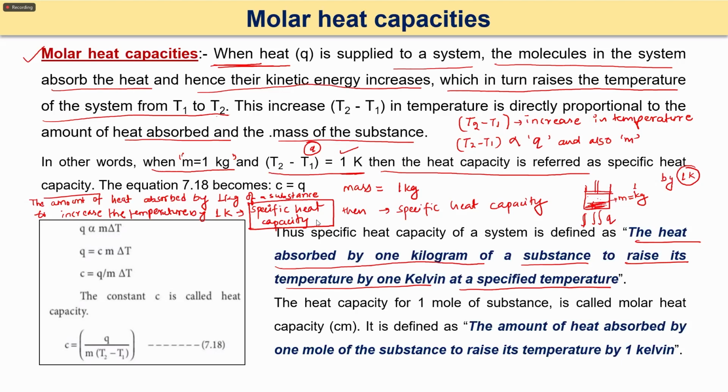So if we are taking 1 mole of substance, then it will be called molar heat capacity, which is denoted by Cm.